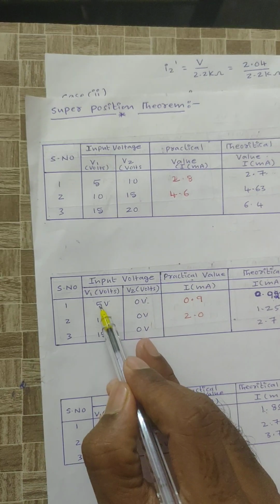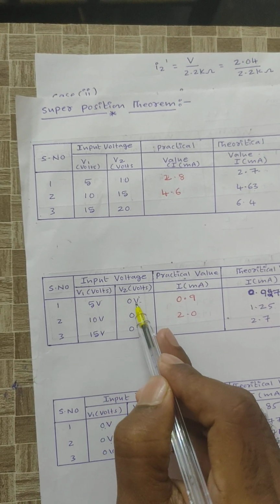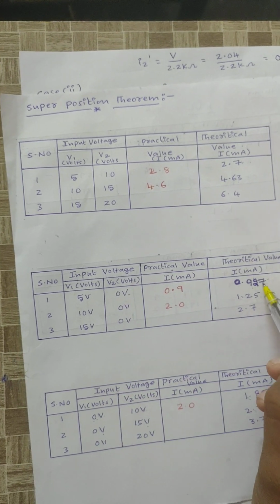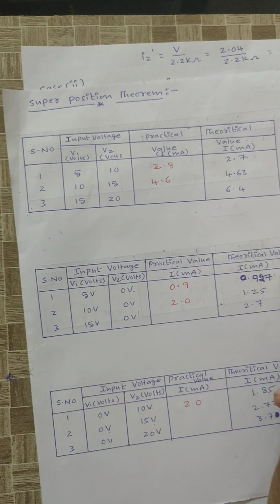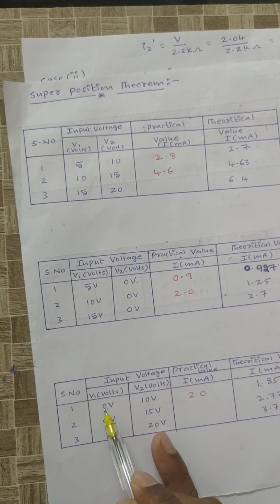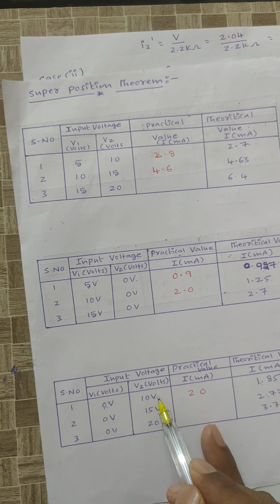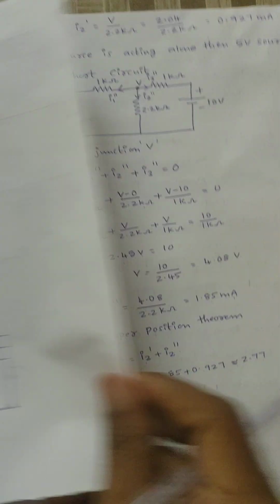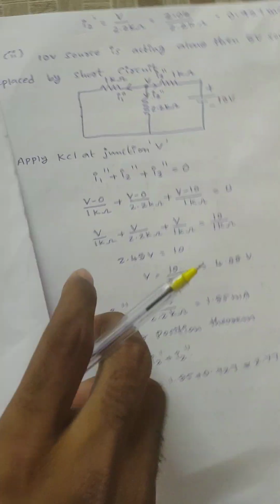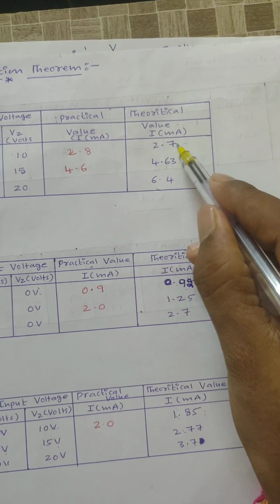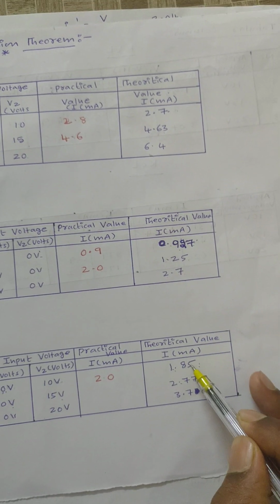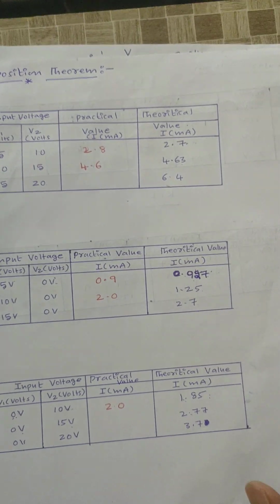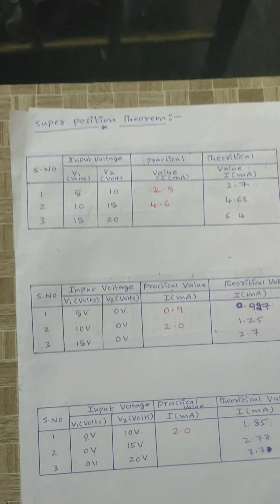When we consider the 5 volt source and the second source is replaced by a short circuit, I get a current value of 0.927. If the primary source acts as a short circuit and the secondary source is 10 volts, then the current is 1.85, right? That is 2.7 is equals to 0.927 plus 1.85, that is 2.7 is equals to 2.7 is satisfied, right? That is for 5 volts and 10 volts completed.